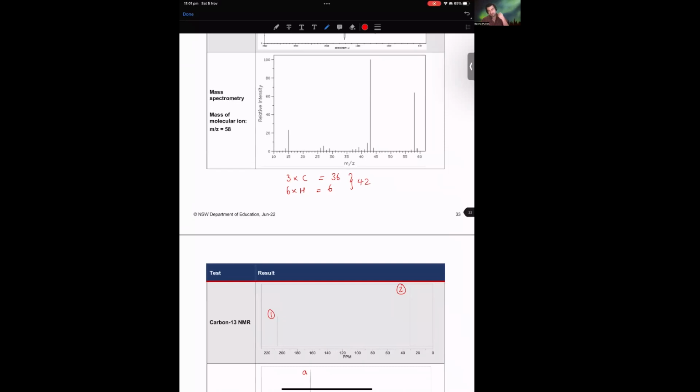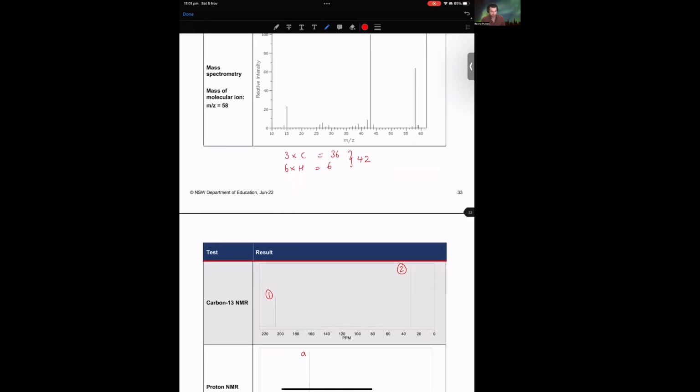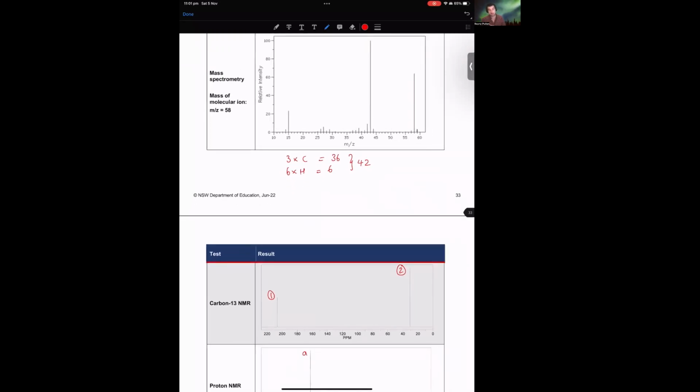Now, at this stage, we have a couple of choices. We've already seen that peak 1 in our carbon NMR is very deshielded, which is a strong indication that there's probably an oxygen left. So hypothetically, let's try 1 oxygen, 16, which adds up to 58.